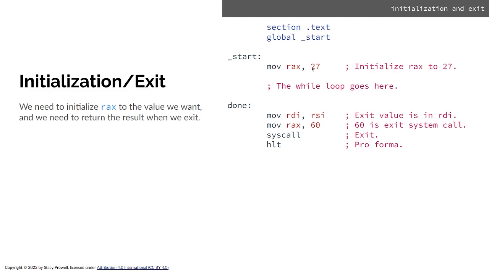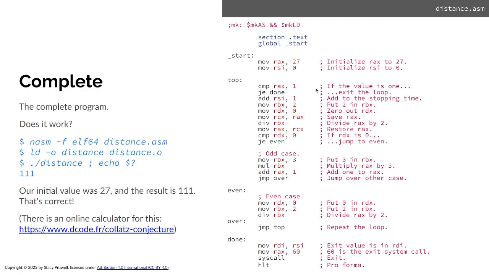At the start, I'll initialize RAX to the number I want to compute the stopping criteria for. I will use 27 here for that, and then I'll just plug the while loop in here. Putting it all together gives us this program, and you can see all the main pieces here. Now notice up at the top, I've gone ahead and said section .text.